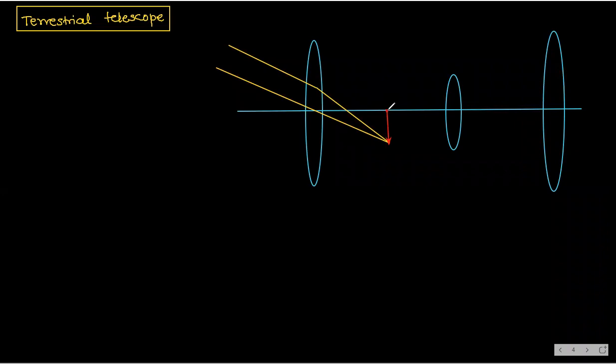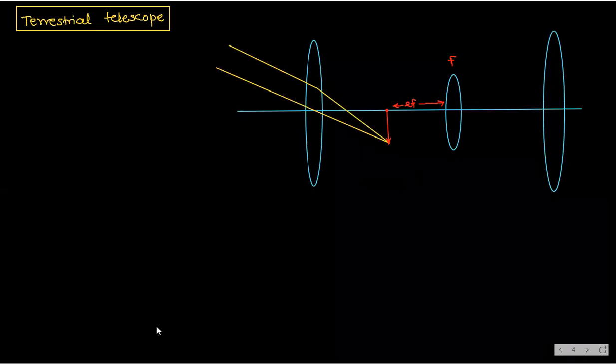And we are adjusting in such a way that if this lens has focal length f, then this distance is nothing but 2f, meaning the first image is getting formed at the center of curvature of this lens.